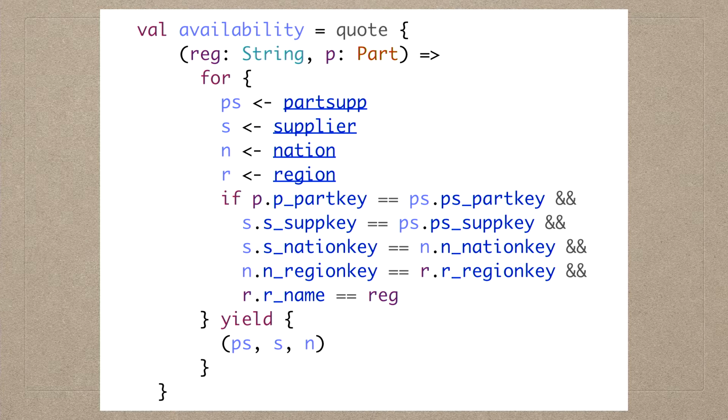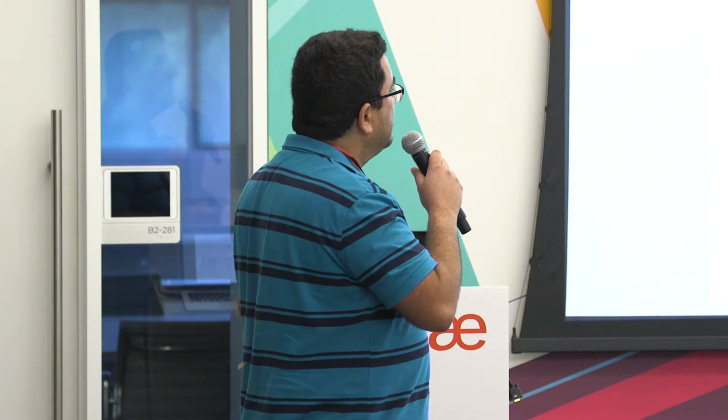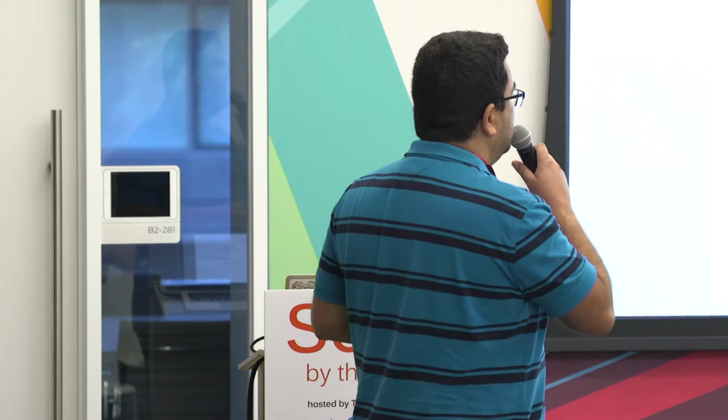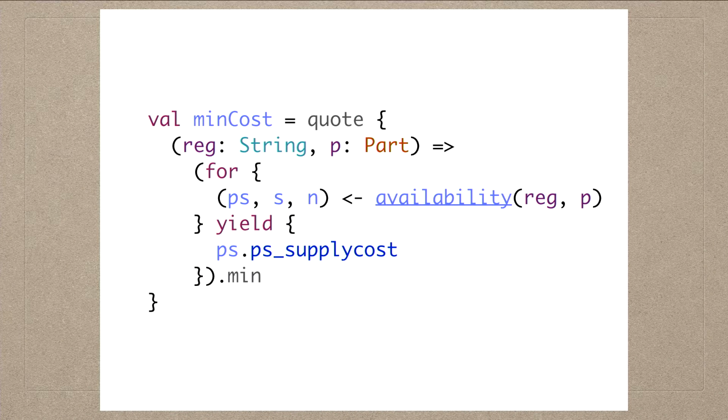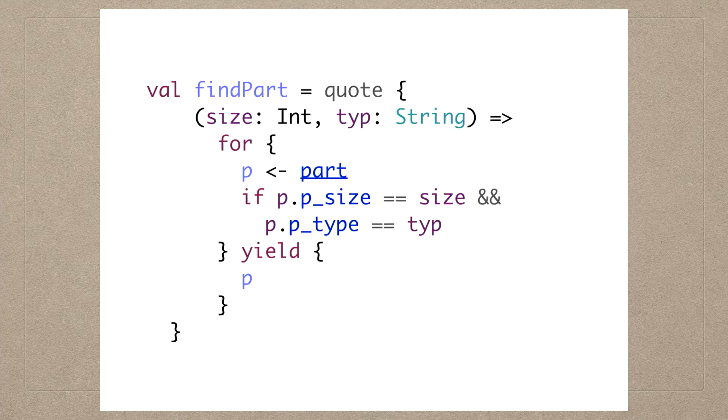So selecting from the relation between parts and suppliers, and then selecting from supplier, nation, region, doing the filtering, then filtering by the region and the part, and then using the final value of this quotation. And then we can reuse this quotation to define another small quotation that is the minimum cost. Given a region and a part, find the availability of the part in the region, and then get the minimum cost for that part in the region.